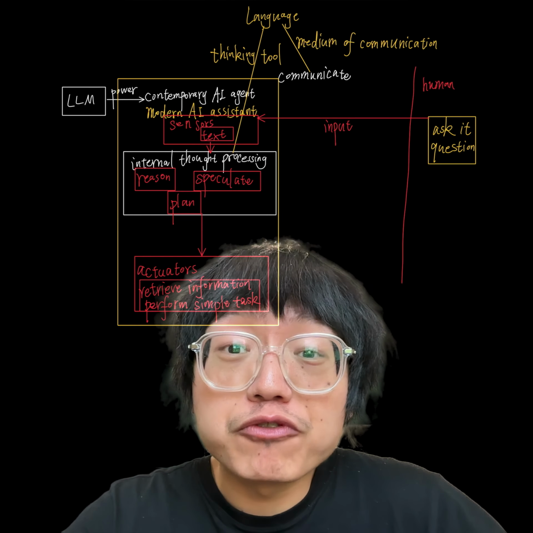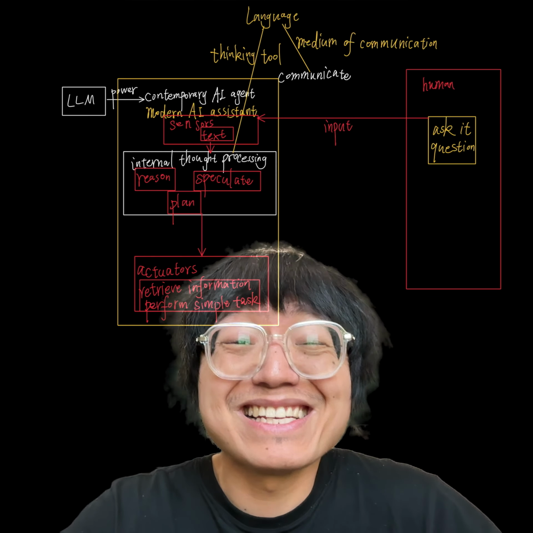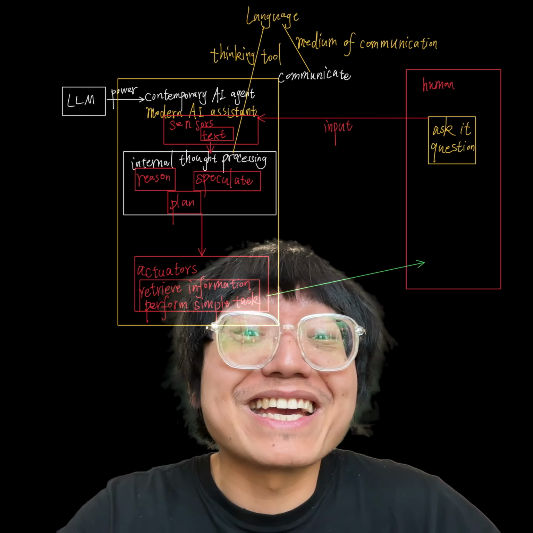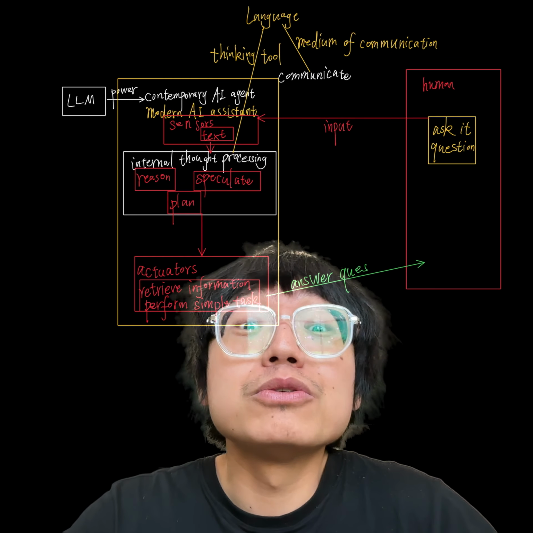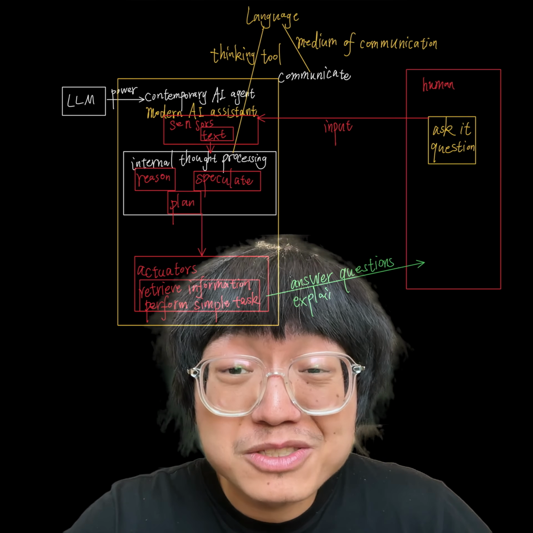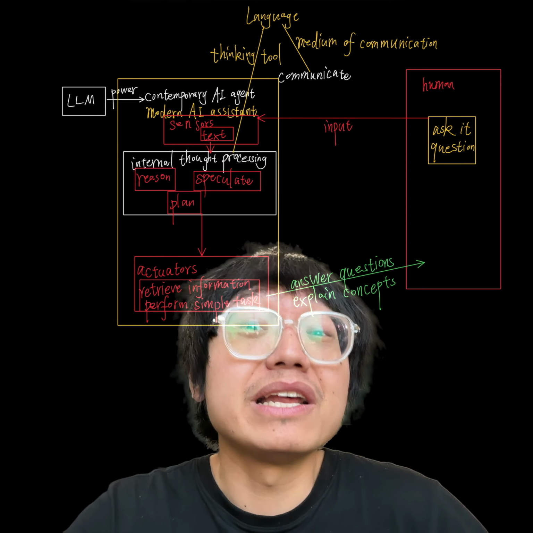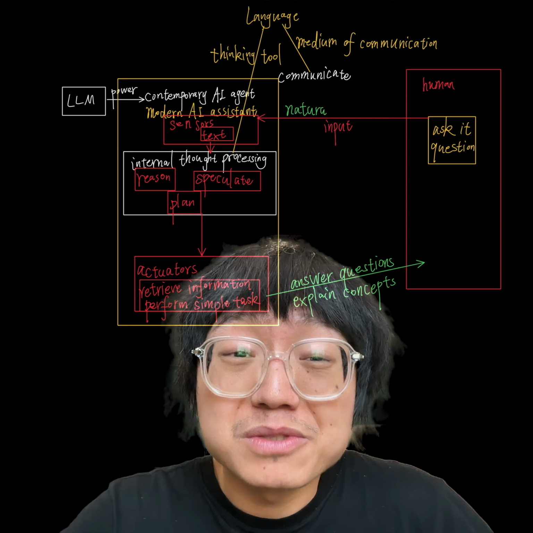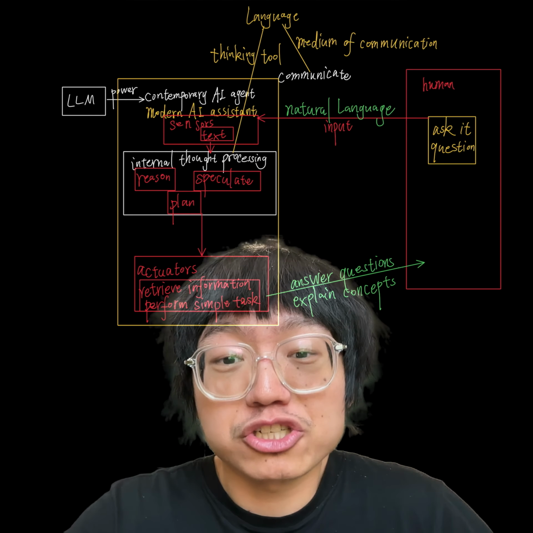For instance, language for communication is when ChatGPT answers questions or explains concepts to humans using natural language, making it easier for people to interact with it compared to older systems that required specific commands or code. This was a big part of why ChatGPT became viral. It could talk to users on their terms, bridging the gap between human and machine communication.